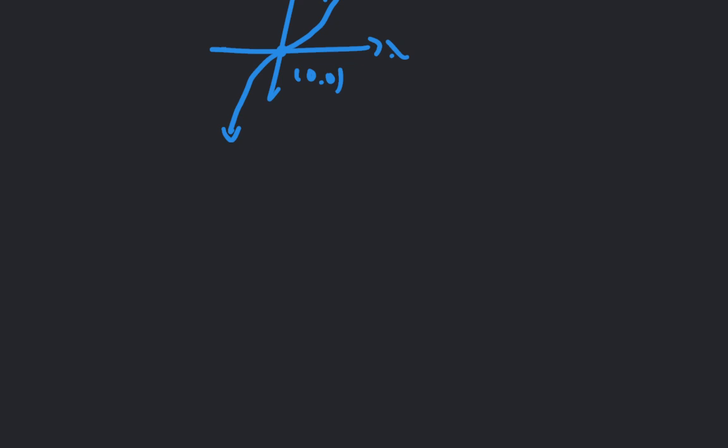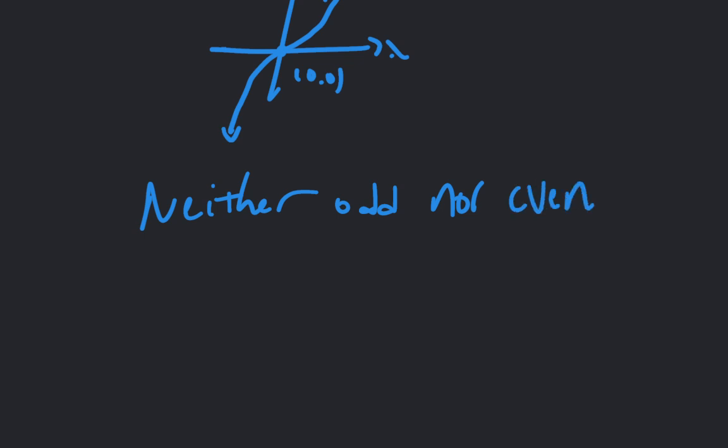Sometimes functions are neither odd nor even, so there's no symmetry between them. And this happens when it's not f of x, nor is it negative f of x.